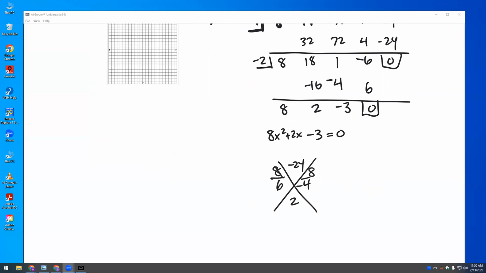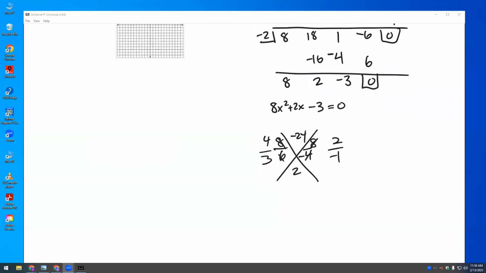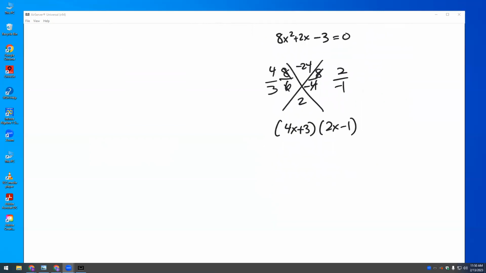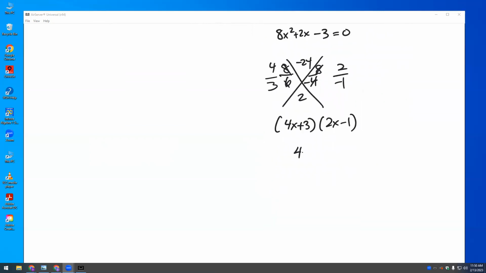This will be 2 over -1. So it will be 4x plus 3, and then 2x minus 1. If we have this here, it would be 4x plus 3 is equal to 0, and 2x minus 1 is equal to 0. Your other roots are going to be -3 over 4 and 1/2.